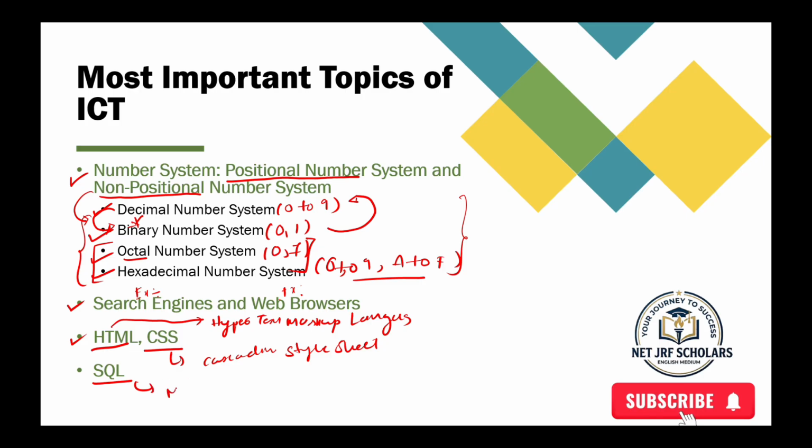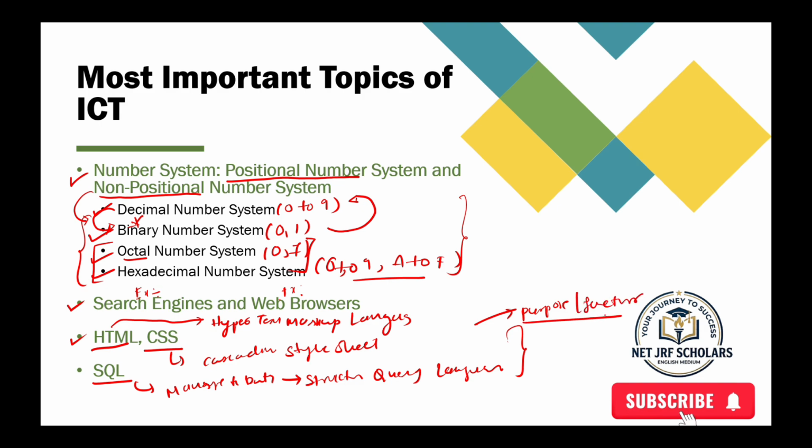Basically, it is to manage the database, that is SQL, nothing but structured query language. So they mostly ask the purpose, the function of the 3 languages, or expansions, full forms.